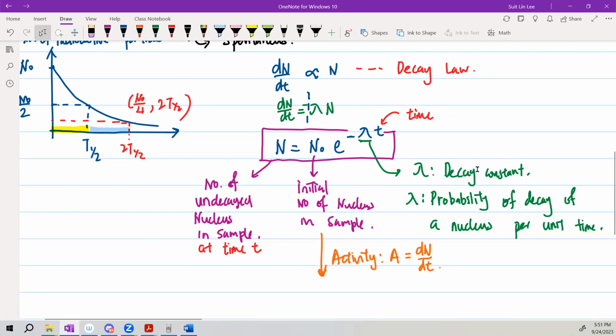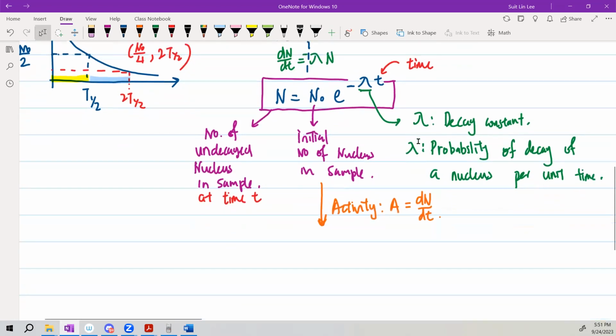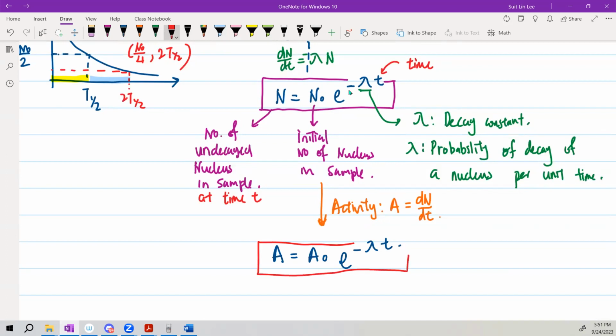If you learn maths, you will know that whenever I differentiate the exponential function, I will get the exponential function again, meaning my equation will now look like A equals A naught e to the negative lambda t. Where A is the activity at time t and A naught is the initial activity. Activity is a new physical quantity. The unit here is Becquerel or Bq.